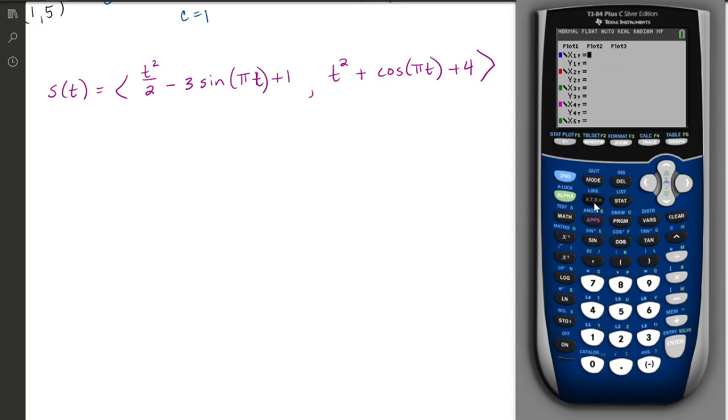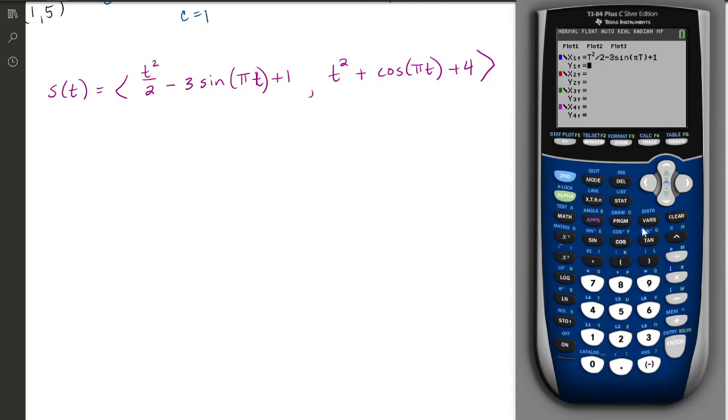And so we've got x. So t squared over 2 minus 3 times the sine of pi t plus 1. So there's my x1.